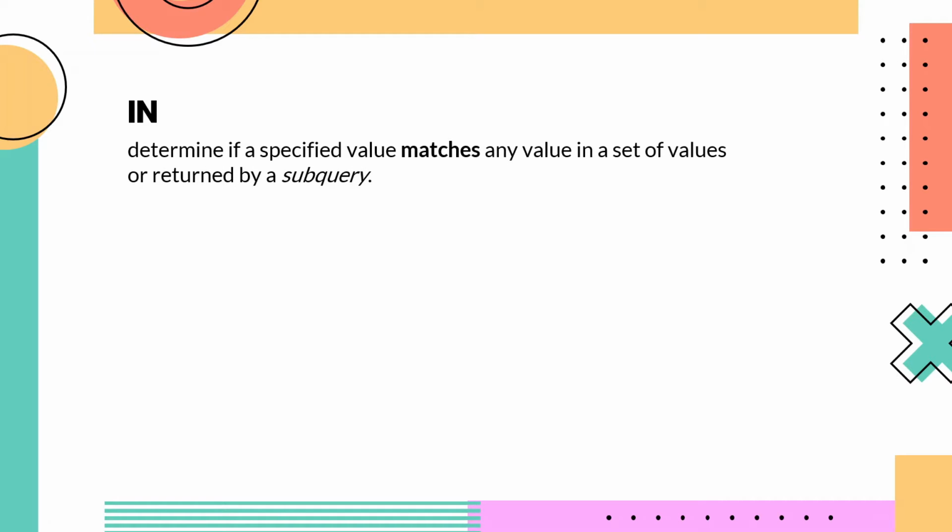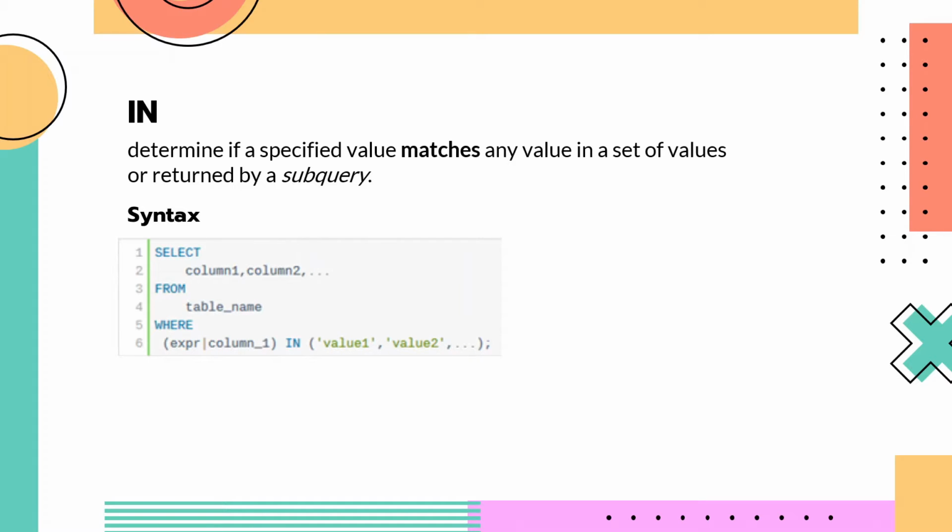Okay, and then I will continue about the IN operator. The IN operator allows us to determine if a specified value matches any value in a set of values or returned by a subquery. On the left side, the image illustrates the syntax of the IN operator. Select and then column list from table name, where and then expression or column, IN, and then set of values.